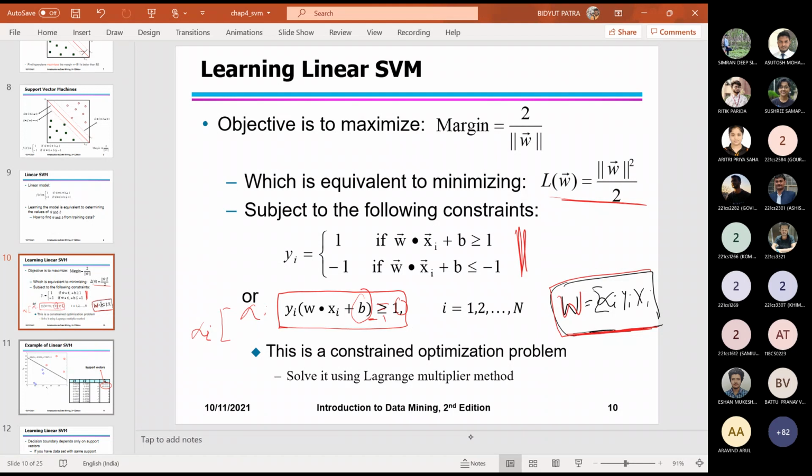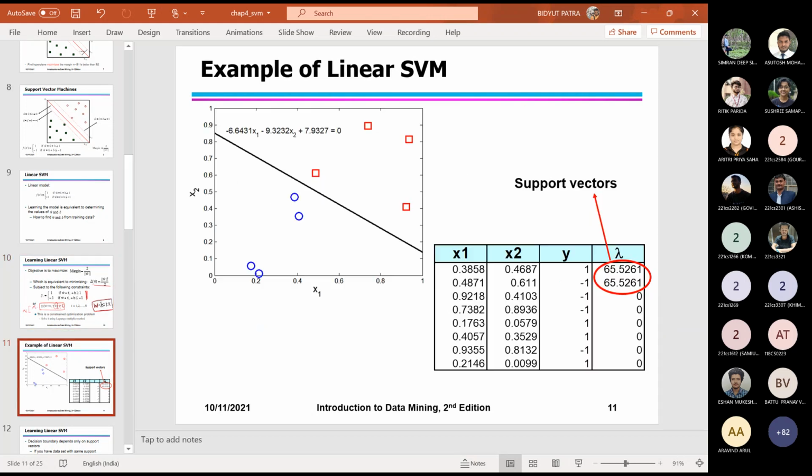Along with that we had one more equation, I'll write in the next page. So here we had alpha I into yi (w xi plus b minus 1) equal to 0. Okay, if you remember correctly, we had this one.